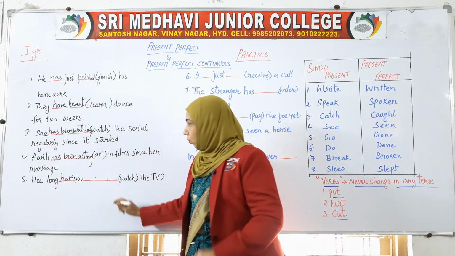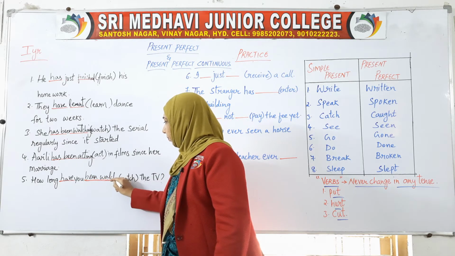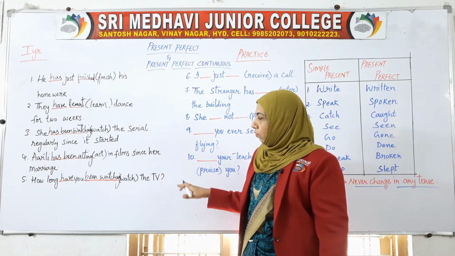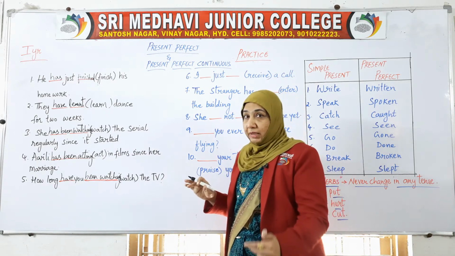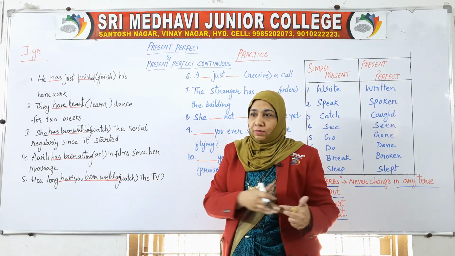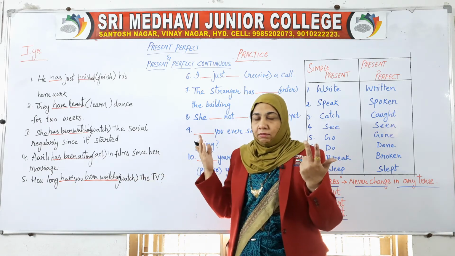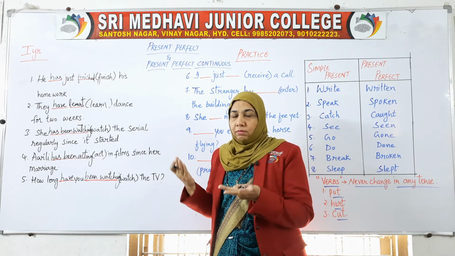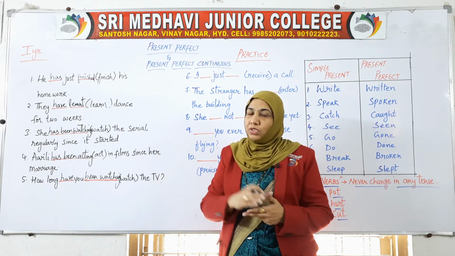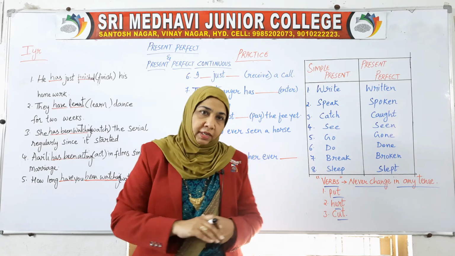How long have you been watching the TV? That means you have been watching for a long time, from the past to now. You can say maybe you are watching since 3-4 hours or 10 hours. So the question was asked like how long have you been watching the television? This is once again in the present perfect continuous tense.